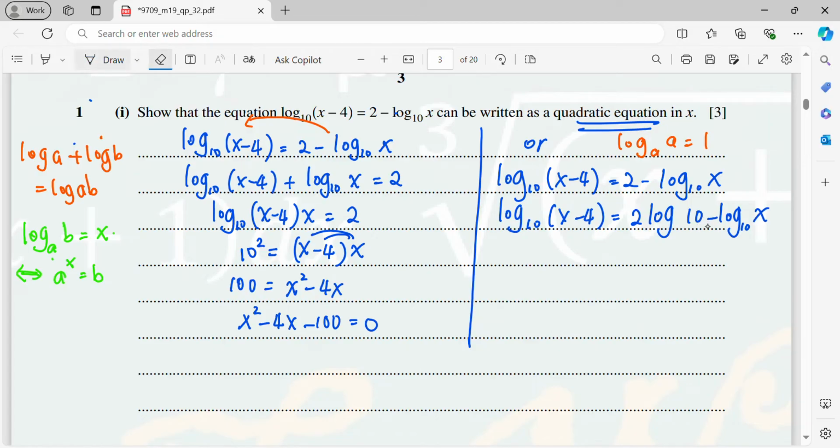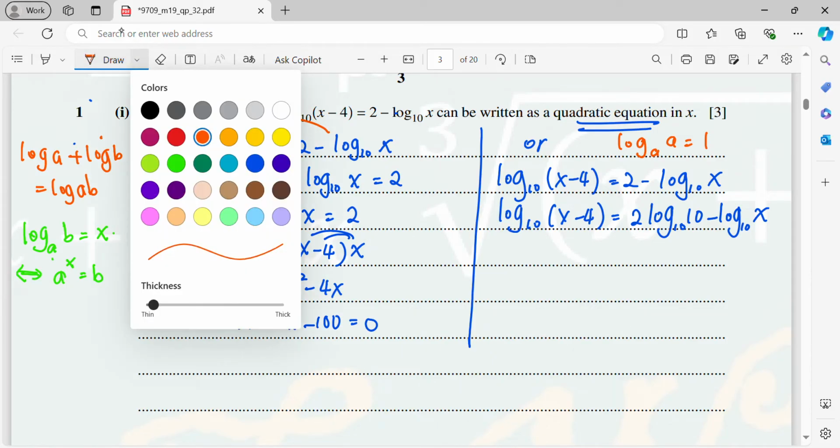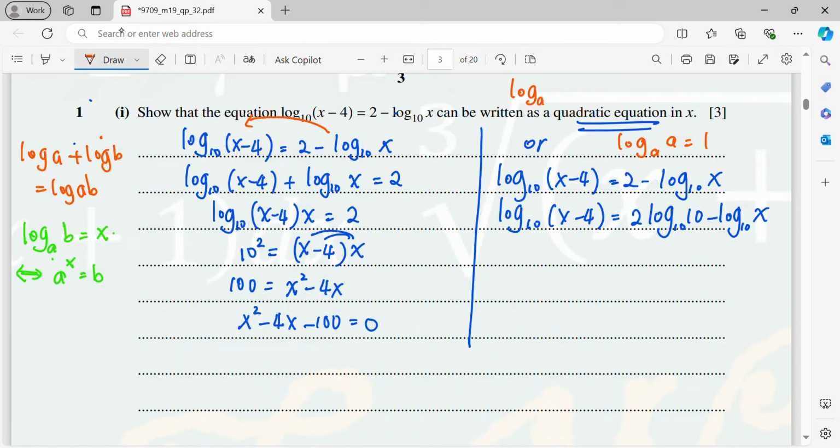Now we need to apply another formula, that is log with any base of a power b will be b log a. So the 2 will be moved up because that is the b log a form.